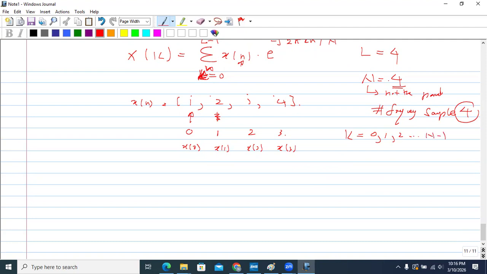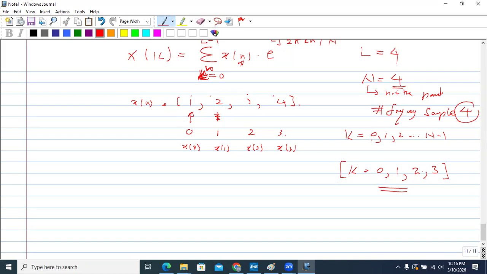So if you are asking to calculate the 4-point DFT, that means there are 4 samples, starting from 0. So K will be 0, 1, 2, and N minus 1 means 4 minus 1, which is 3. So you need to get 4 frequency samples, and K should be 0, 1, 2, 3.